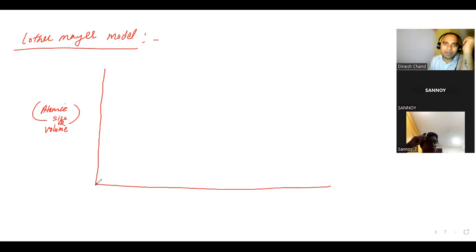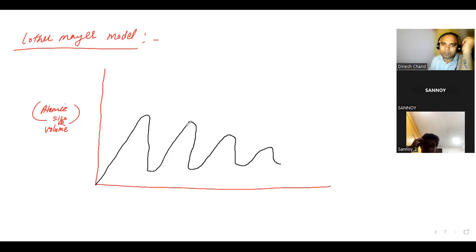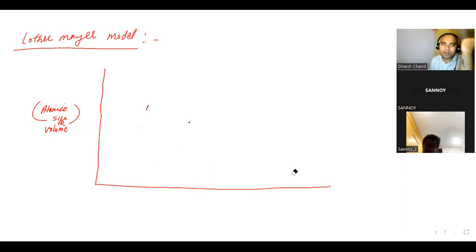He said that similar points in his model have similar properties. Got it? Like that. So what he said, on the top, the alkali metal was there. If you are talking about the top, it was the alkali metal.